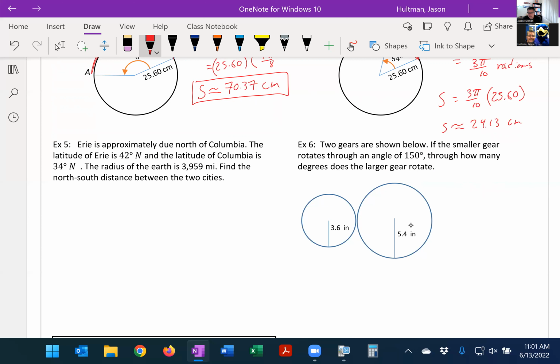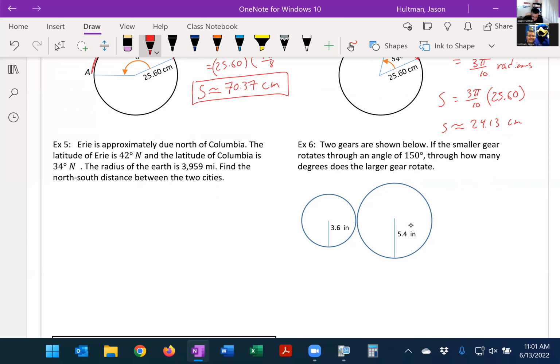They're both cities in the United States. They're not talking about Columbia, the country in South America, or Erie, the lake, near I think Wisconsin.